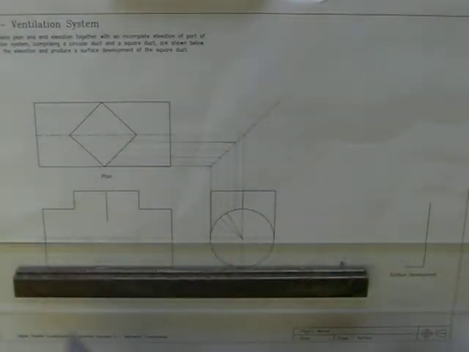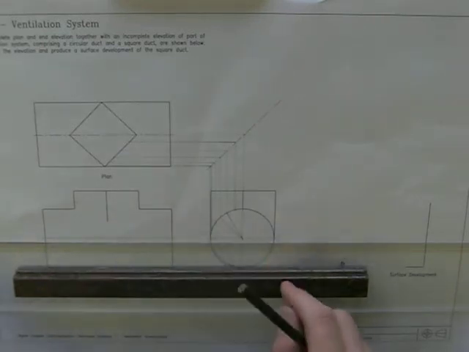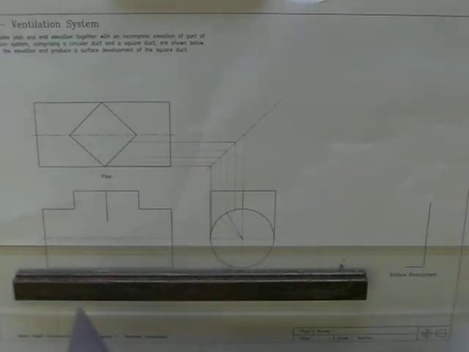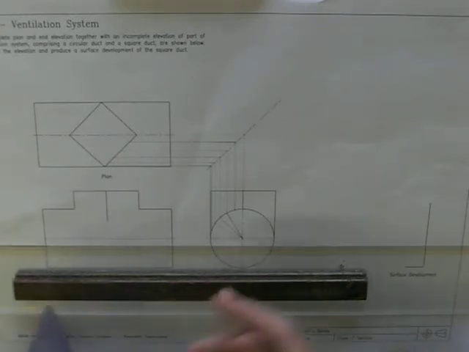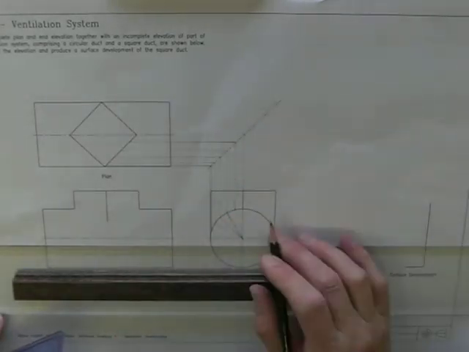Right, now what we do is we're going to project across from each of these points here. Okay, and we're going to project down from these points here. Now, it can be a good idea at this point to actually do some labelling of the points. Really, in some ways it's up to yourself. I'm going to do it just so that you can see what's going on, to be honest with you, right?